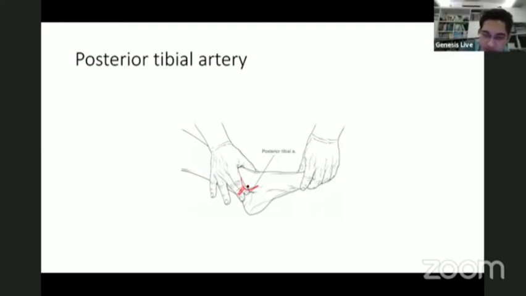If this is the medial malleolus and this is the tendoachilles, it is at the midpoint, or between the medial malleolus and the insertion of the tendoachilles it is one third of the way, because the vessel goes like this. So it is the midpoint between the medial malleolus and the tendoachilles, or one third of the way between the medial malleolus and the insertion of the tendoachilles in the heel.